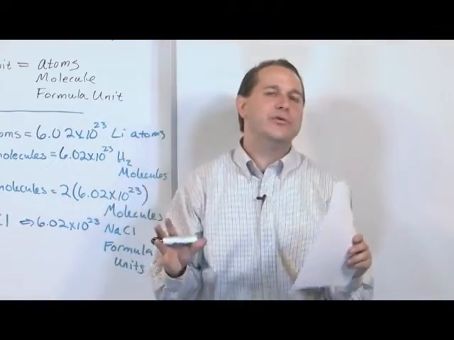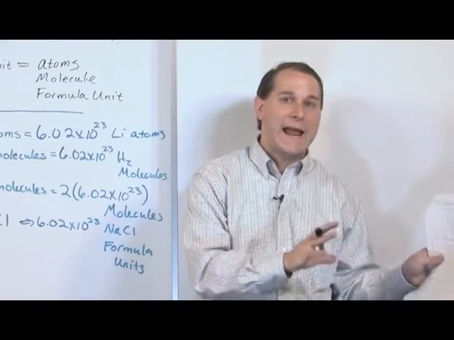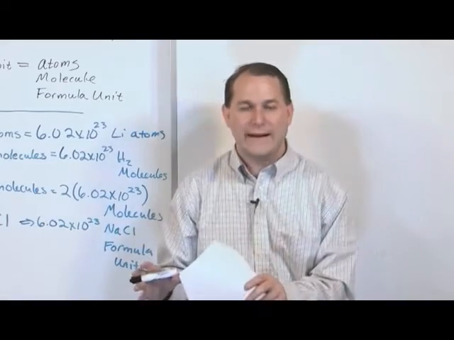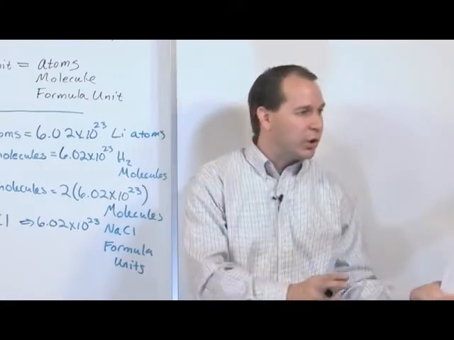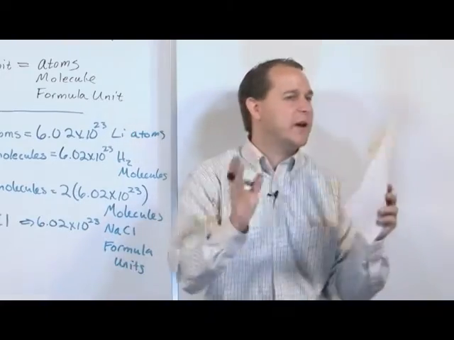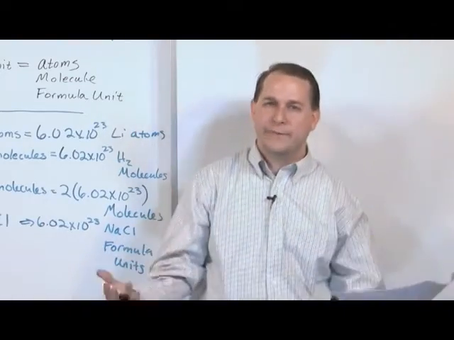But here we're going to tie in the idea of grams and measuring things that we can use in the lab with the mole, right? And so what we end up with is the molar mass. In the last section we talked about molecular mass. Here we're talking about molar mass, but you're going to find it's not a big deal.